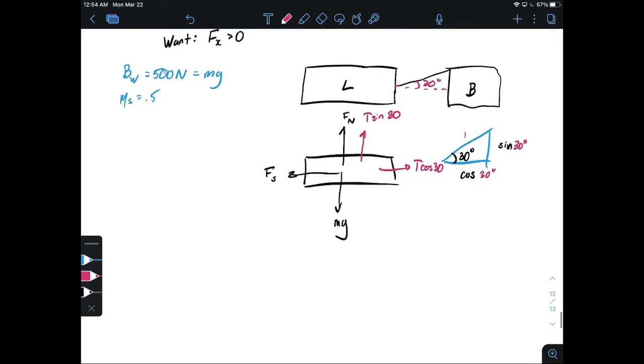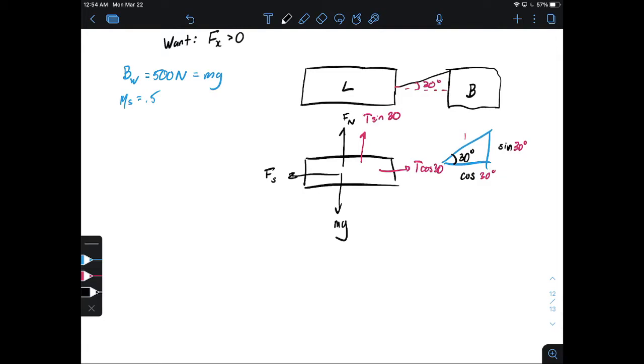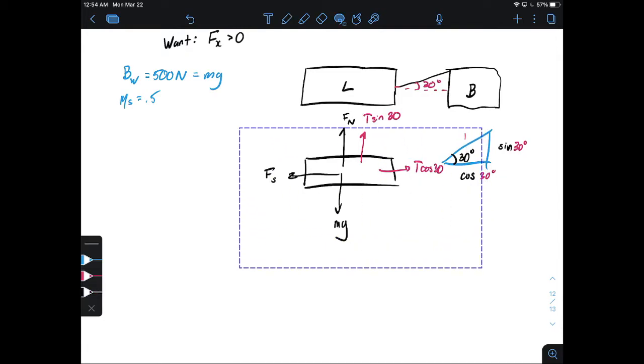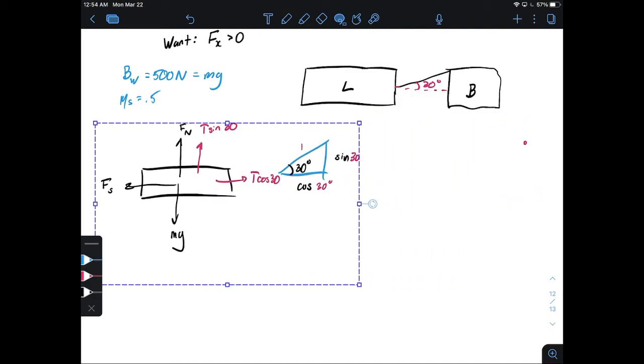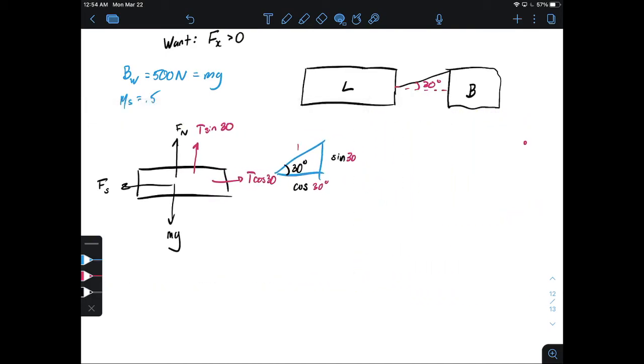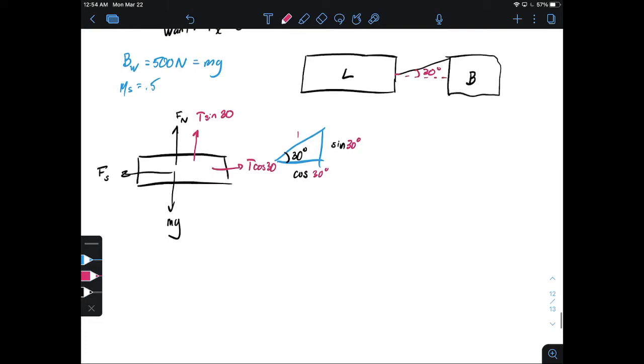So let's move on with that. Honestly, not loving this positioning, so let's see if I can move it. I forgot to leave the 30 degrees behind.